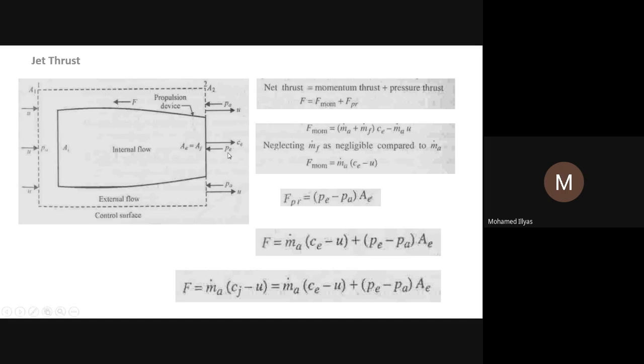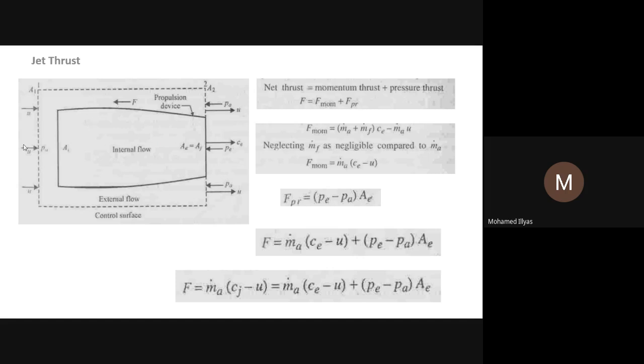If it is so, then we can call it a complete expansion. The pressure will generally be higher inside the gas, correct? Inside the nozzle, the gas pressure will be higher because the temperature is higher there. To what extent I lower the pressure, a corresponding gain in velocity will be there.